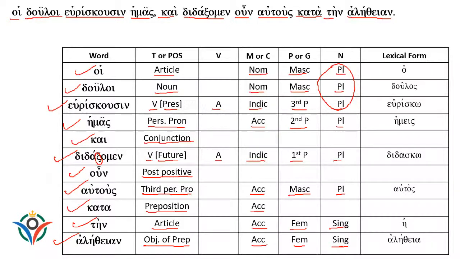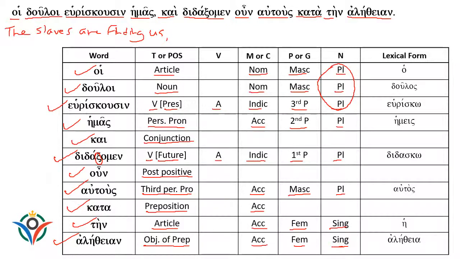So hoi douloi, I'm going to use slaves here. So we have the slaves, which can also be the servants. Heuriskousin, all right, so the slaves are finding, right? Hēmas, which is the direct object here, us.